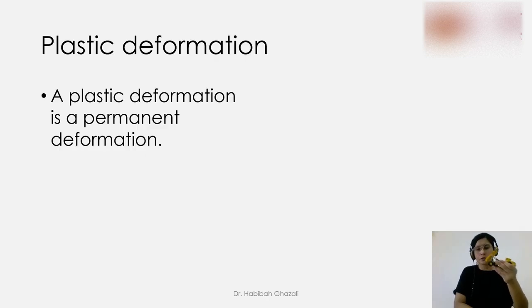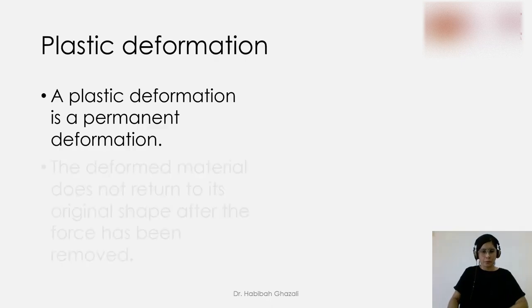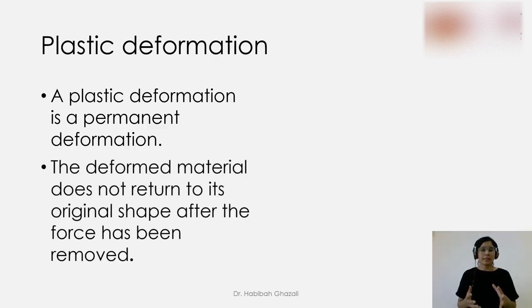That's why I said for structural members, we normally will keep our applied load in a safety region where it is only going to cause elastic deformation. Plastic deformation is a permanent deformation. The deformed material does not return to its original shape after the force has been removed.